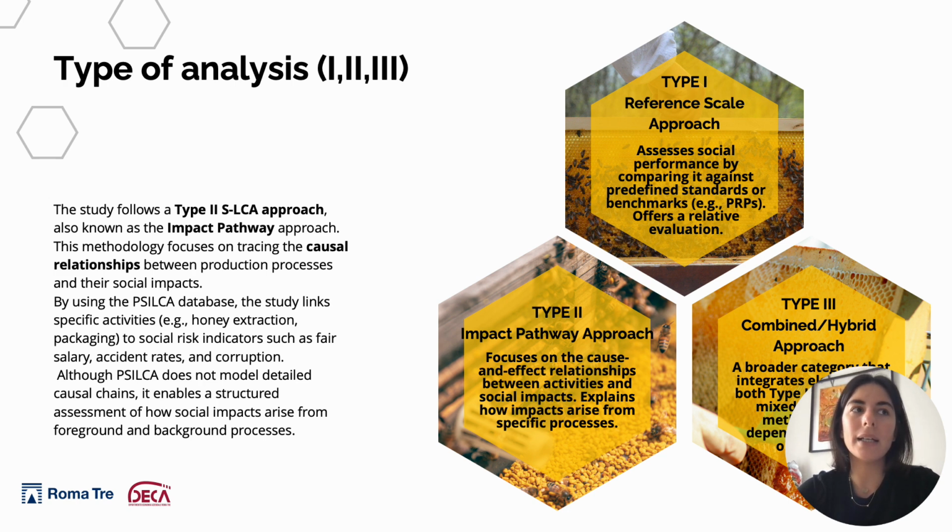Type 3 are more focused on mechanisms than reference models. For this reason, the authors chose this Type 2 approach, because this methodology focuses on tracing the causal relationship between production processes and their social impact.